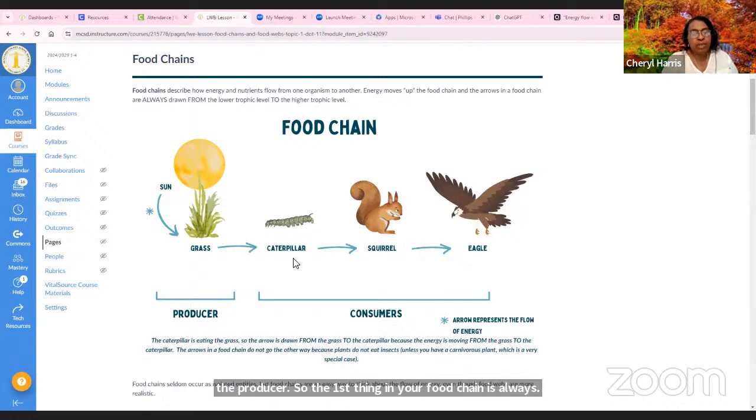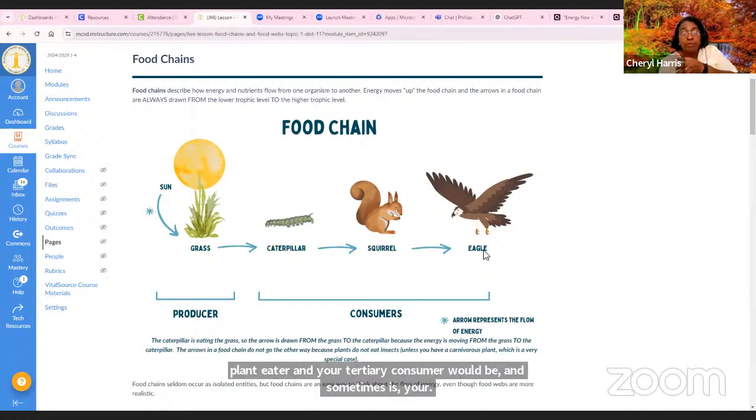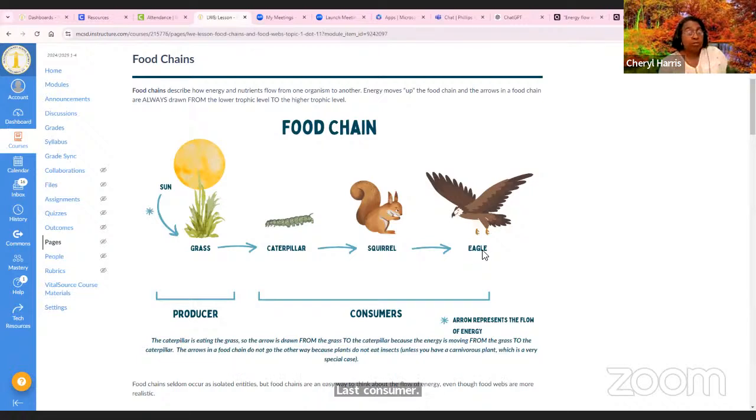The second thing in your food chain will be your consumers, and there are three different kinds of consumers. Your primary consumer would be the thing that eats the plant. Your secondary consumer is the thing that ate the plant eater. And your tertiary consumer, and sometimes your last consumer, would be the thing that ate the secondary consumer.